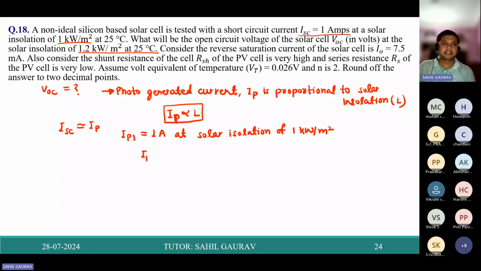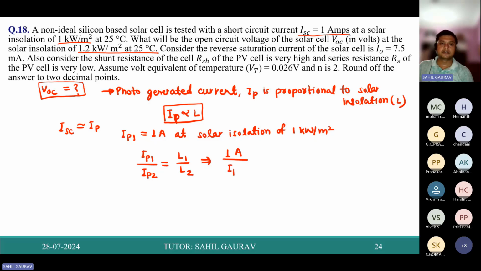So we can write IP1 upon IP2 equal to L1 upon L2. Why are we finding this IP? Because in the expression of open circuit voltage, this photocurrent comes, so we have to find it first. IP1 we know is 1 ampere.